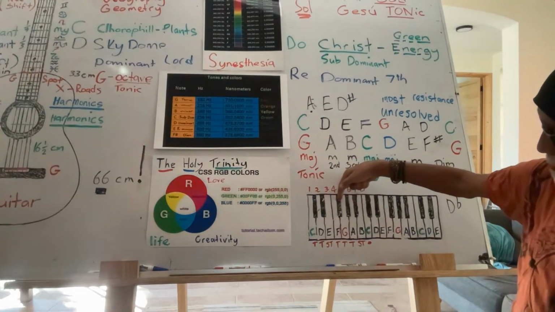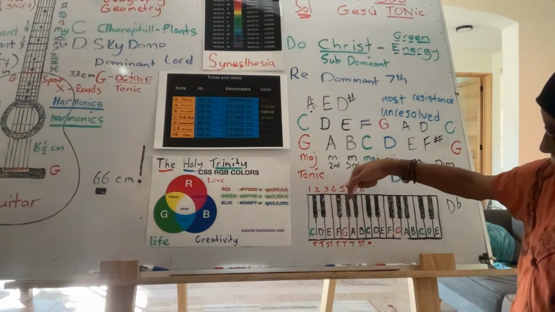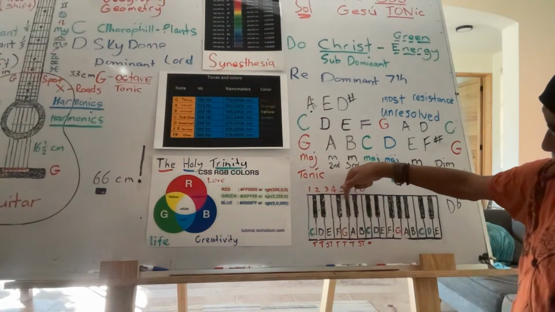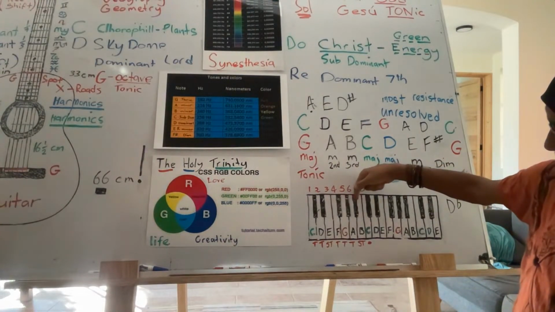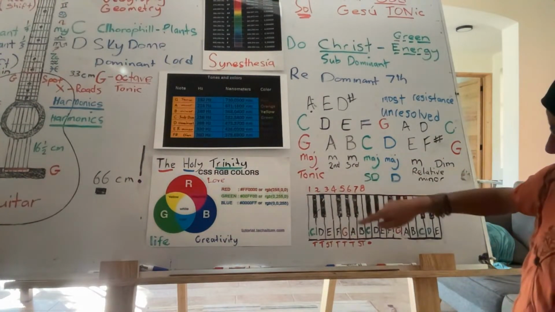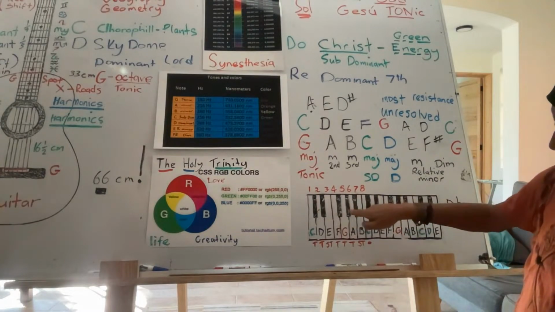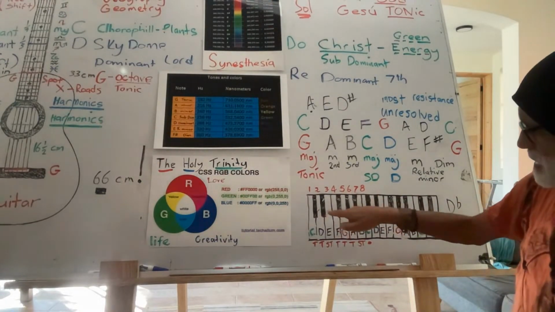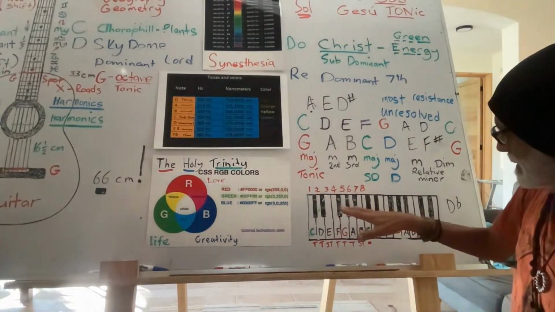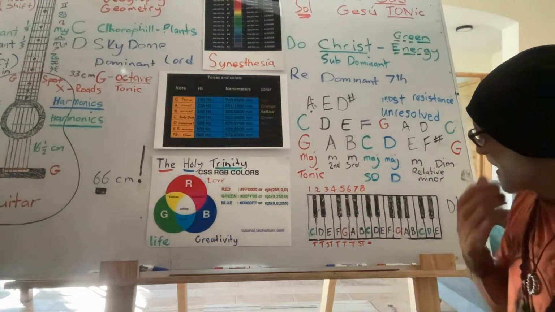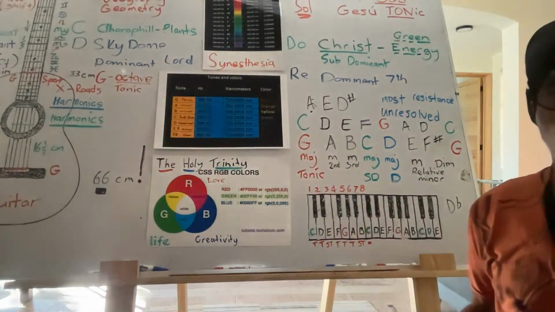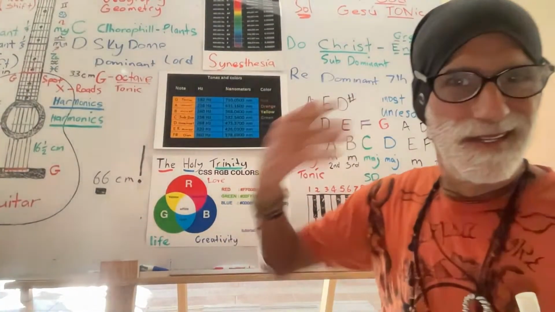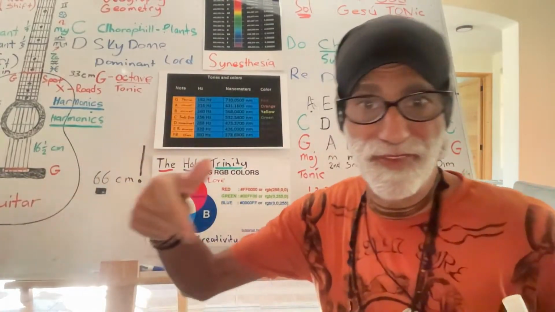This is F sharp or G flat. This is G sharp or A flat. And this is A sharp or B flat. You see? So these black five are kind of annoying because they've got either a sharp or a flat to them.